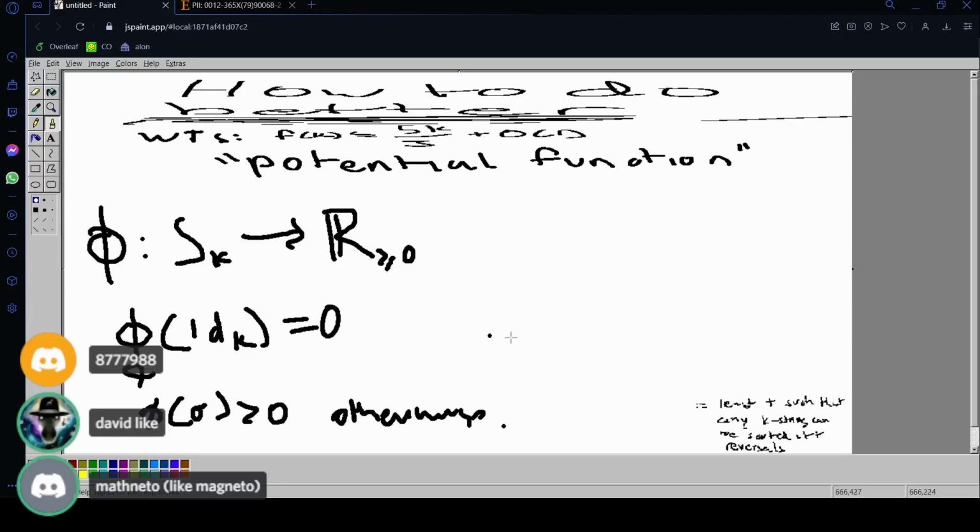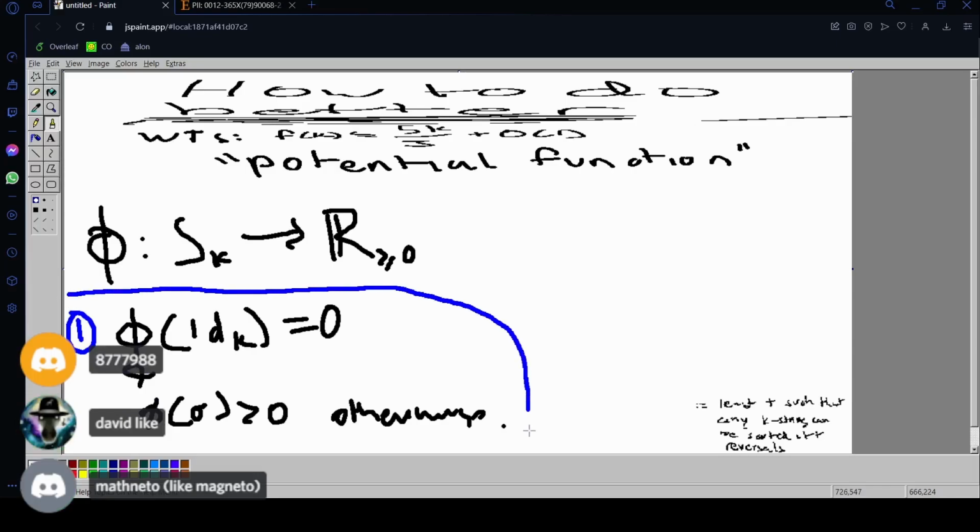That's property 1, this rule. And then we've got a second rule, 2, which says the following.